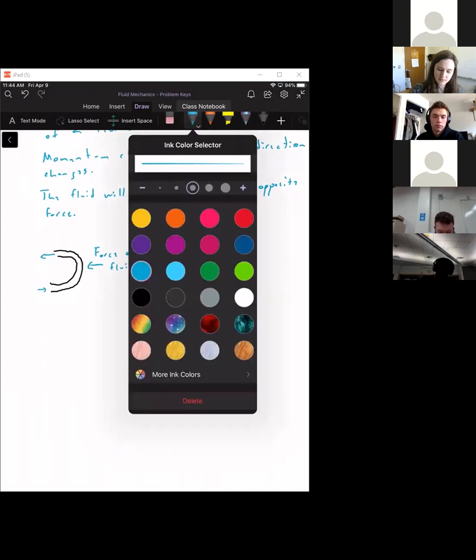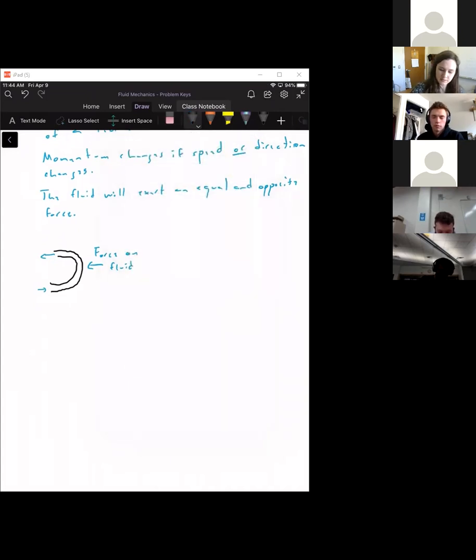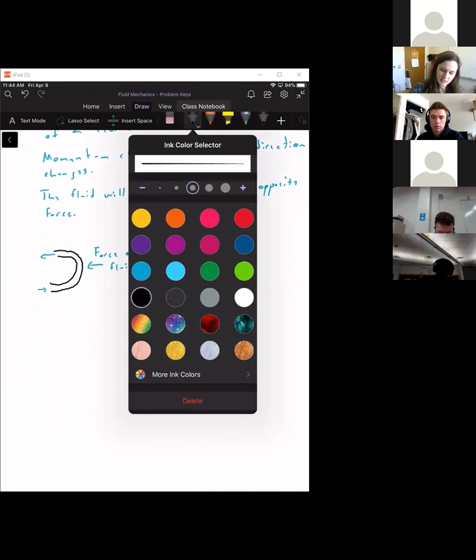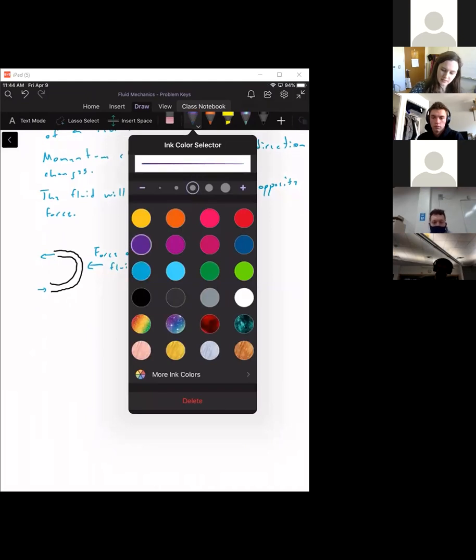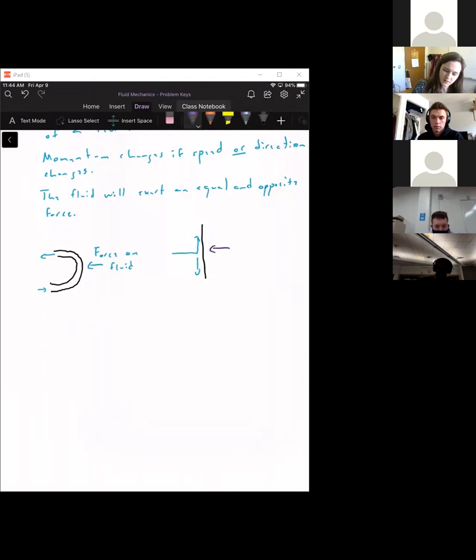Or if there was a wall and water hit it and then it went up this way and that way, there would need to be force of wall on water pushing it that way, force of water on wall pushing it that way.